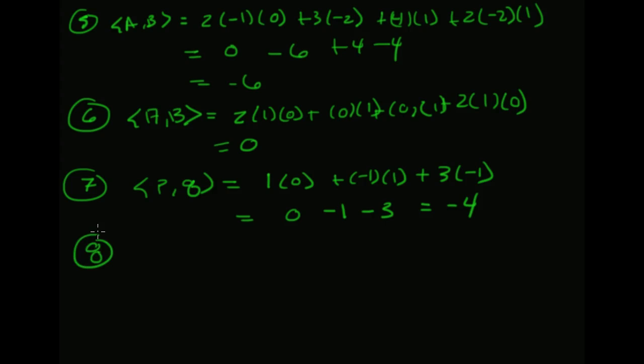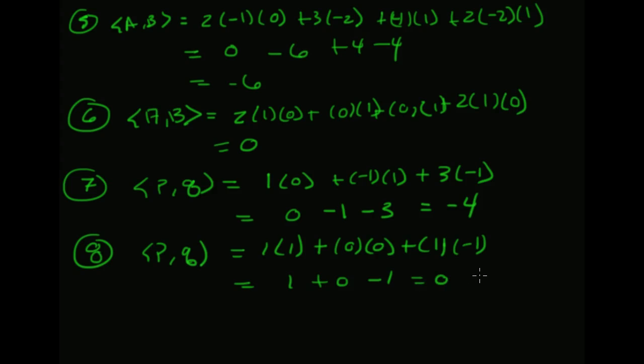Let's look at number 8. 8 is also polynomials, so P times Q here is giving me 1 times 1. We have no linear terms, so it's 0 times 0. And then the quadratic terms are giving me 1 and -1. So this is 1 plus 0 minus 1. Means these things again have some semblance of orthogonality.